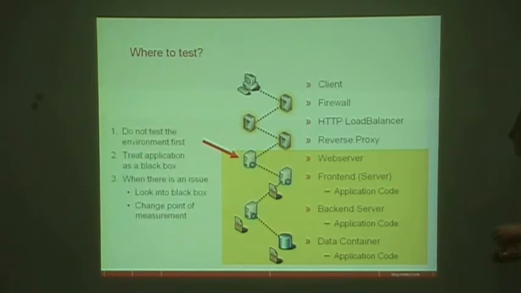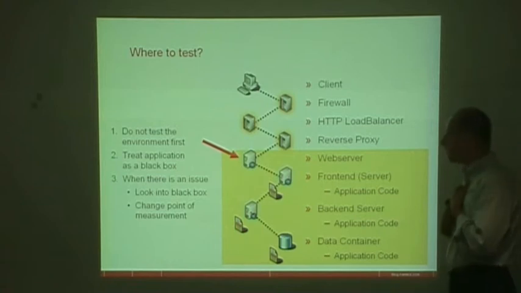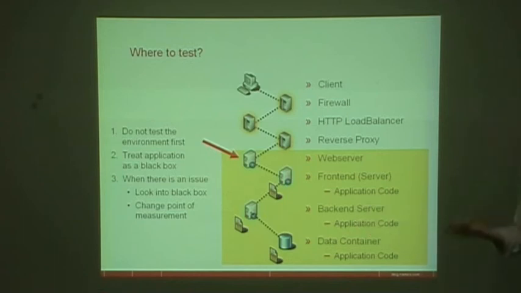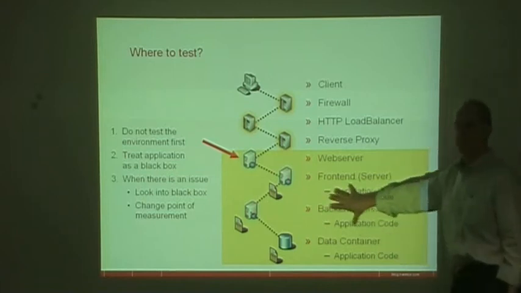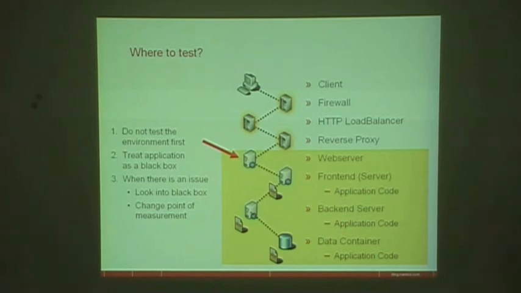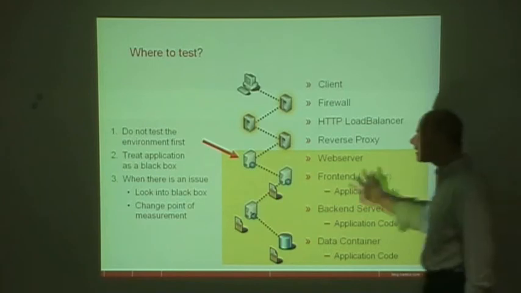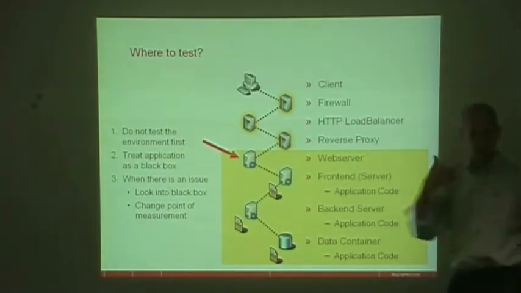So in my opinion, don't test the environment first. If you have a problem, you can test the environment. But if you begin testing the environment, you fiddle around with TCP packets, you tune 0.5% of performance out of the application, but probably you have something much more serious to tune here. So I treat the application as a black box, and only when there is an issue.